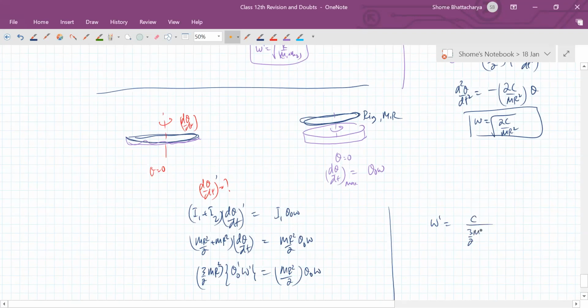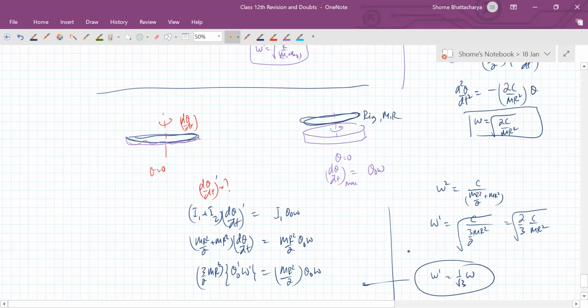So that was 3 by 2 mr square. C divided by (m r square by 2 plus mr square). So this is going to be 2/3 of c by mr square. So I mean square root of this. Omega square is this. So my omega prime is how much? 1 by root 3 times omega. So we'll substitute this one.